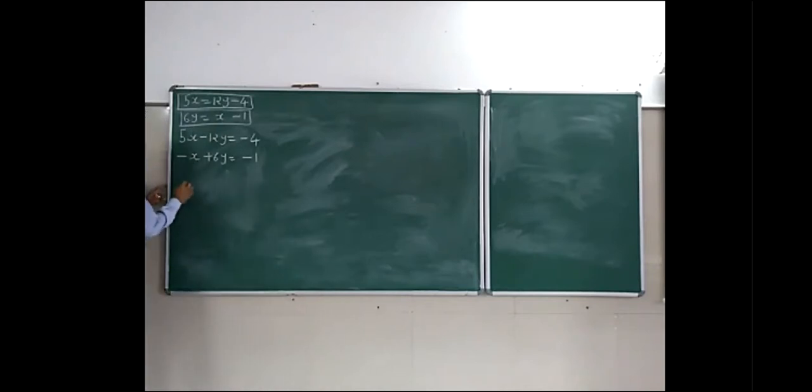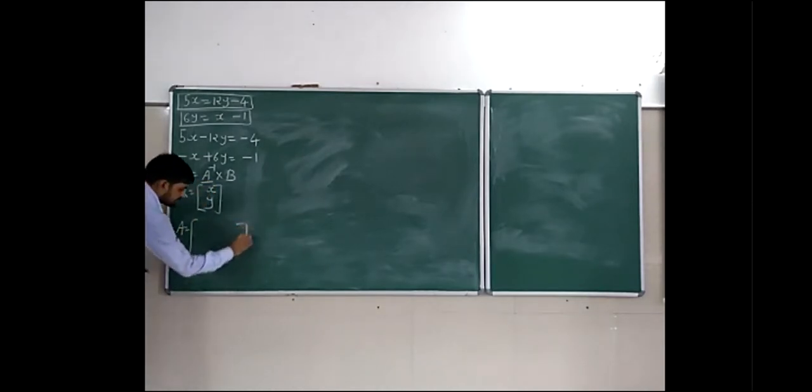Now, what is the formula of x? x equal to A inverse into B. This is the formula. So first, what is x? x is the vector of two variables, x, y. What is A? A is the coefficient matrix of x, y. How many x? 5.